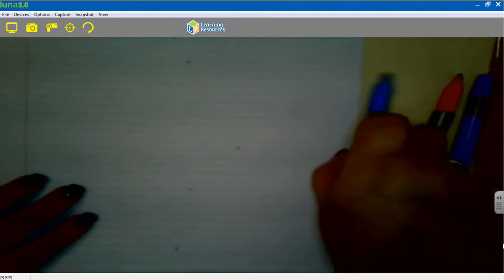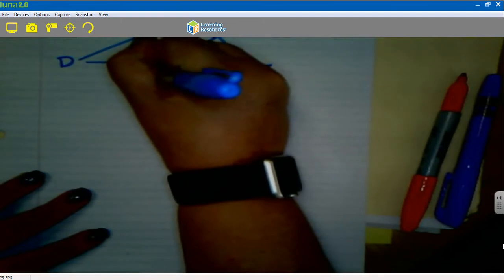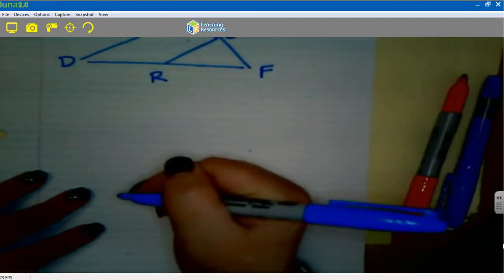All right, last one. We're going to take a look. I'm just going to redraw this picture. Again, we have triangle DEF, segment RS. DE is 2x plus 12.